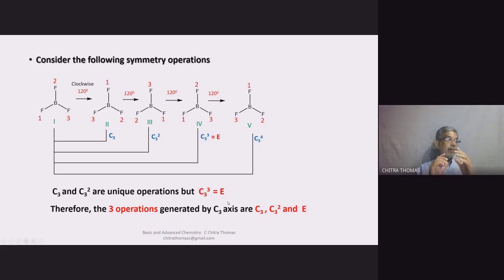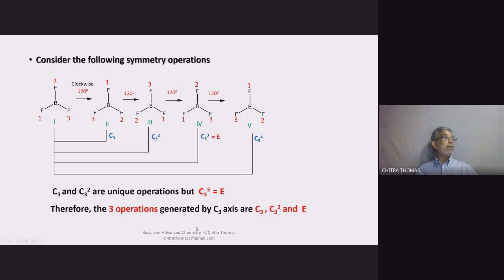Therefore, the three operations generated by the C3 axis are C3, C3 squared, and E. Put it in your memory. Identity can generate only one operation, whereas C3 can generate three operations.